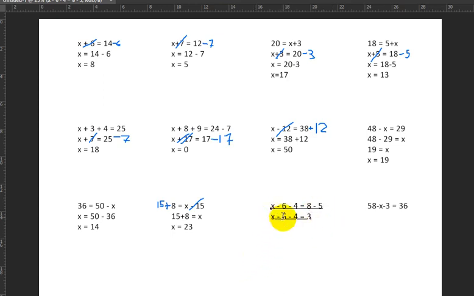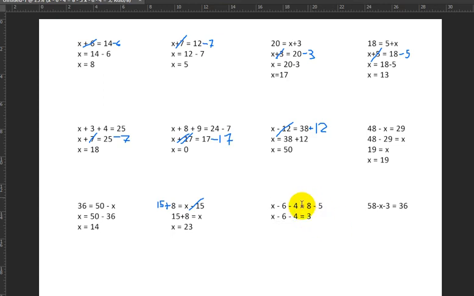But here, if you make the mistake of not noticing that this 6 has a minus sign in front of it, and you go and do 6 minus 4 makes 2, no, that's a mistake. 8 minus 5 makes 3.